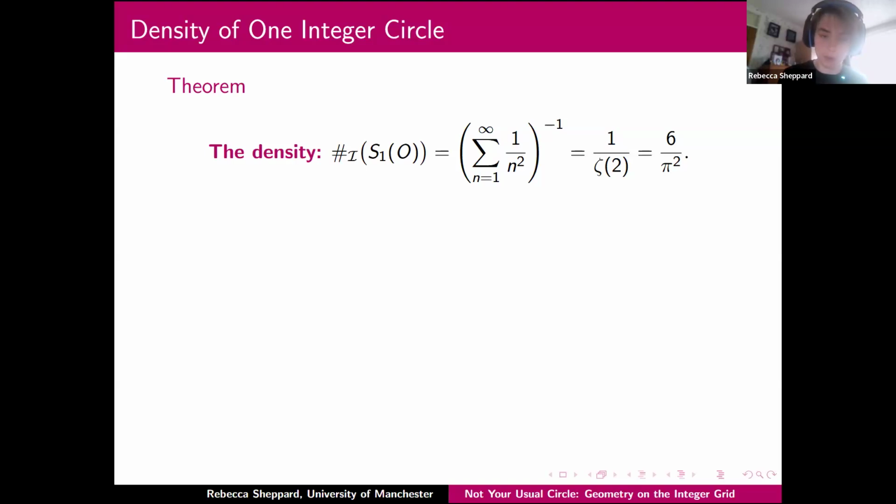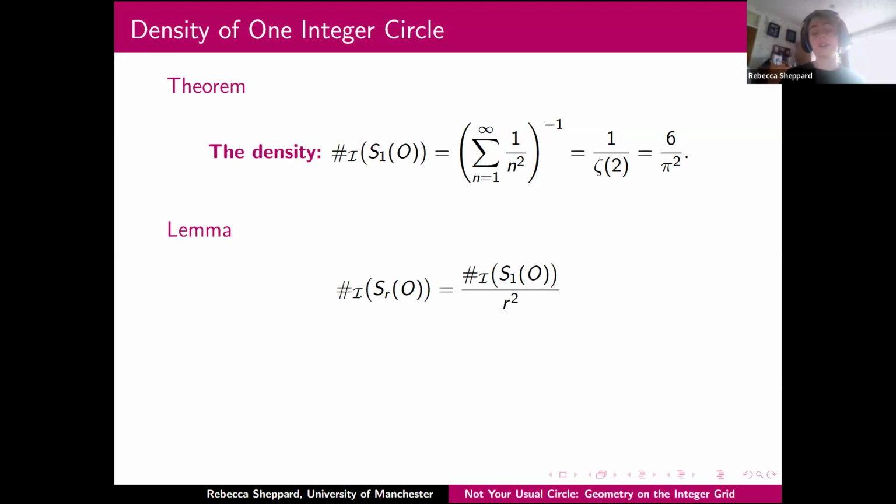That's known from the Basel problem. This, in terms of geometry, is proven in terms of two lemmas. Just this first equality that this expression gives this. This next, where it's in terms of zeta function, just comes from the definition of zeta function, and the next is the Basel problem.